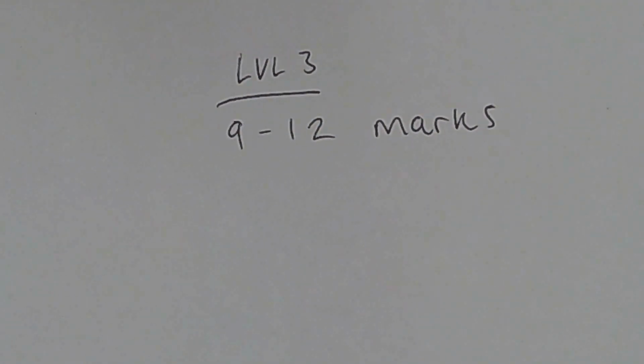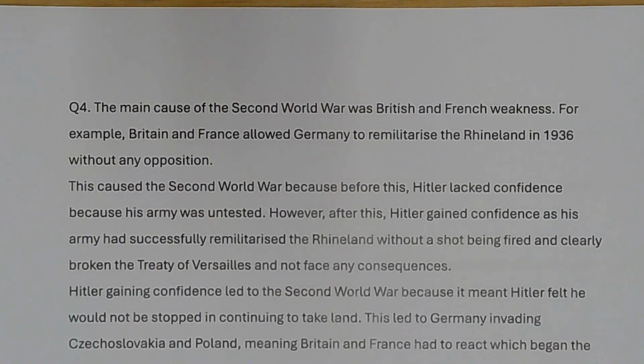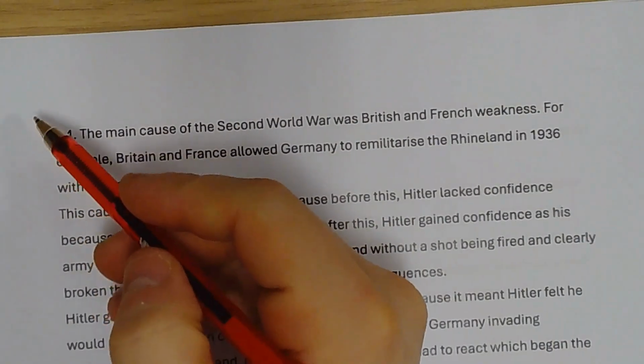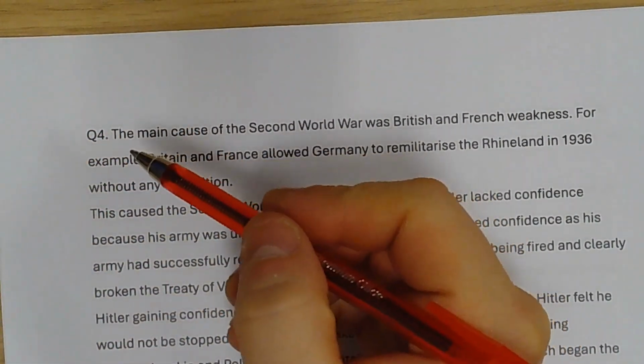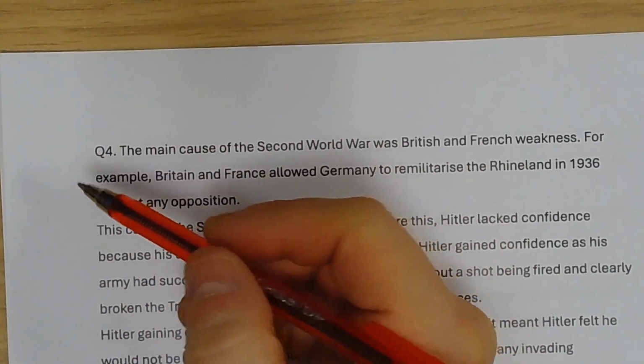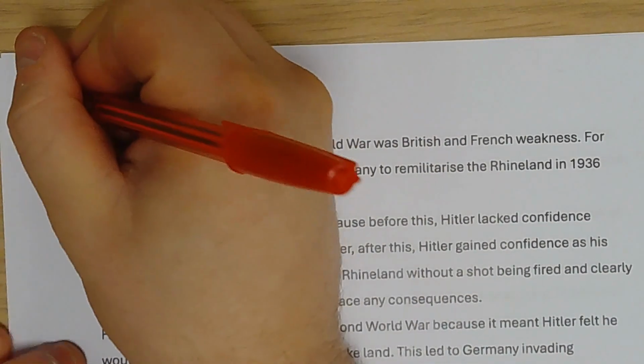So now what we're going to look at is how to get our paragraphs to a level 3 standard, how to get 9 to 12 marks out of 16. And again, what's important here is for level 3 and level 4, so from anywhere from 9 marks all the way to 16 marks, you need to have the following in your answer.